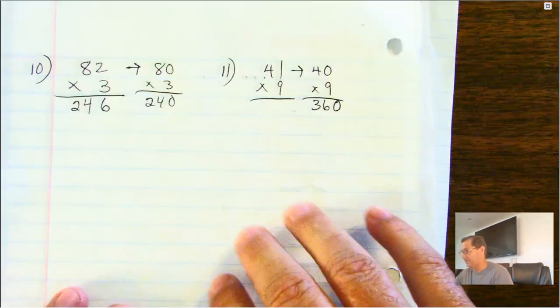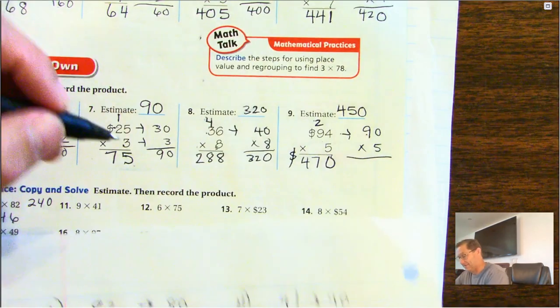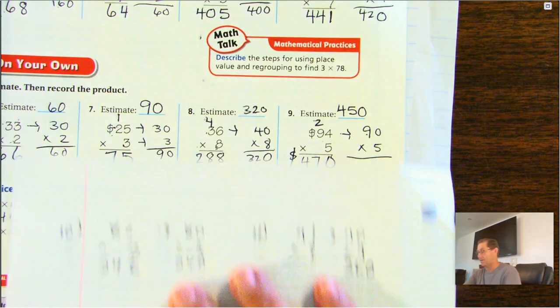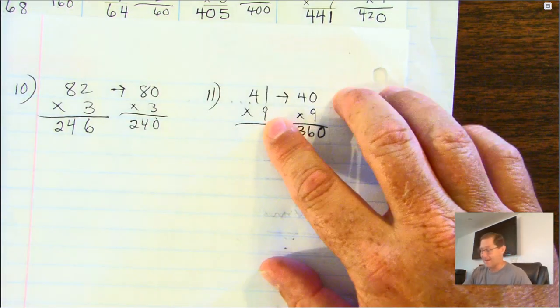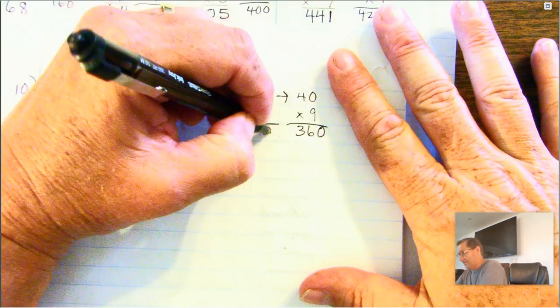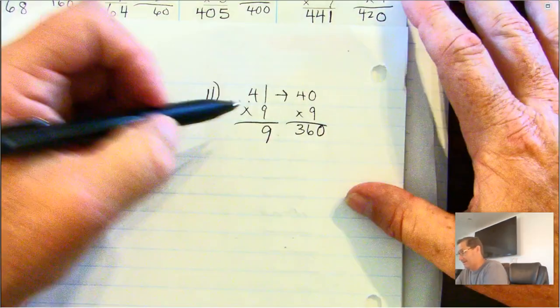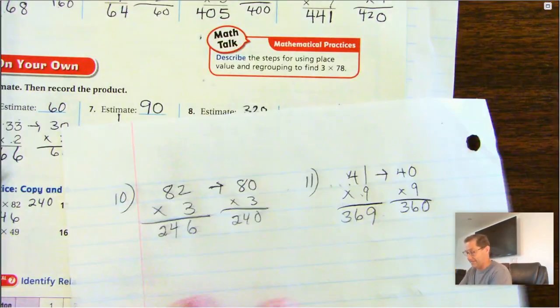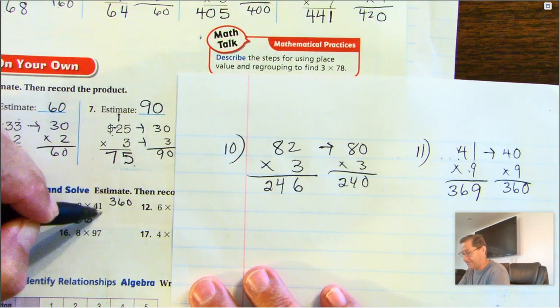Put the 0 of the 4 tens, 360. So number 11, we have an estimate of 360. Our actual answer, we have 9 sets of 1, so we have 9 ones. And 9 sets of 4 tens is 36. So we get an actual answer of 369.